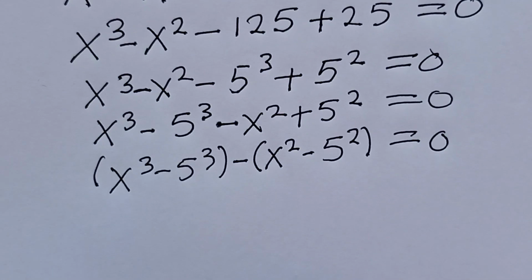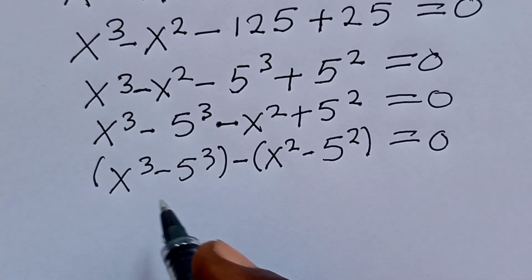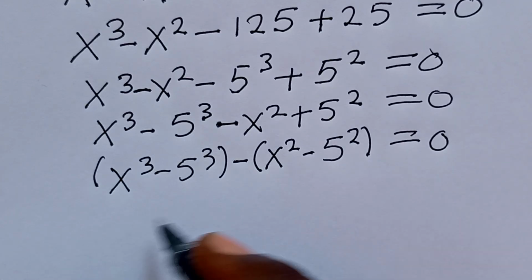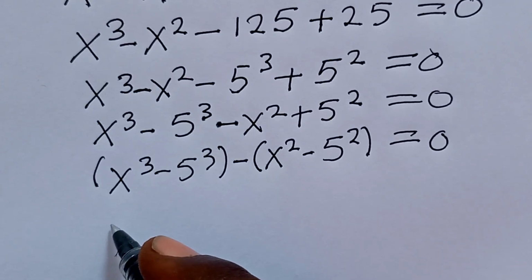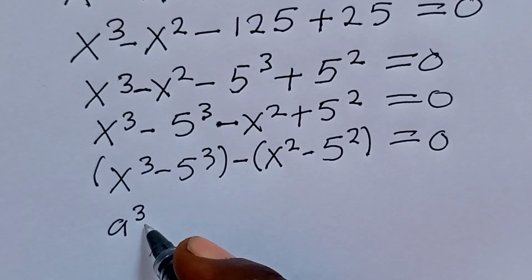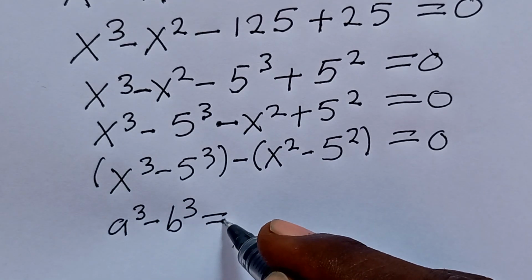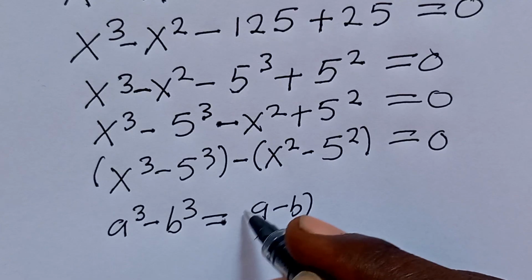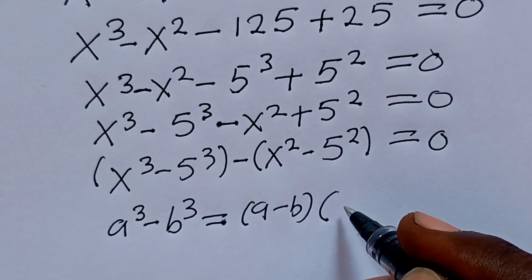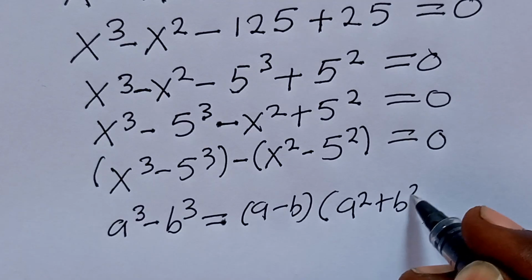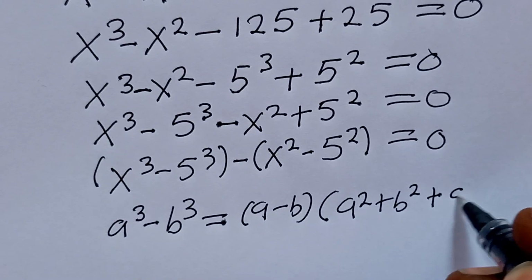So if this is what we have, let's now remember our difference of 3 squares and difference of 2 squares. For the difference of 3 squares, we have a cubed minus b cubed is the same thing as a minus b, into the bracket of a squared plus b squared plus ab.